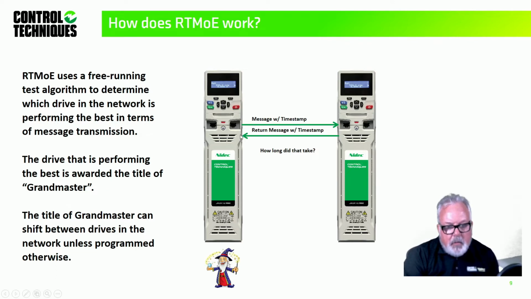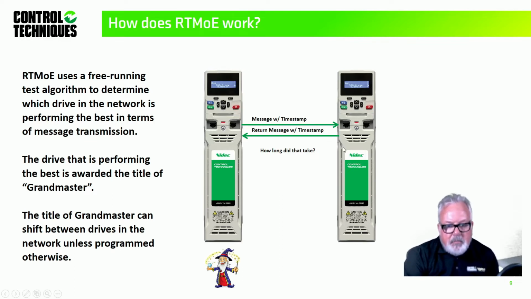The host, therefore, says, how long did that take? What was the latency between the time the message was sent and the time it was received? And whoever is performing the best, for example, it's not just this one might have taken longer to return the message than this one did.